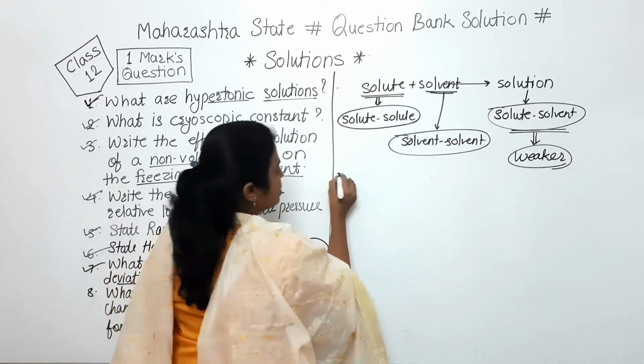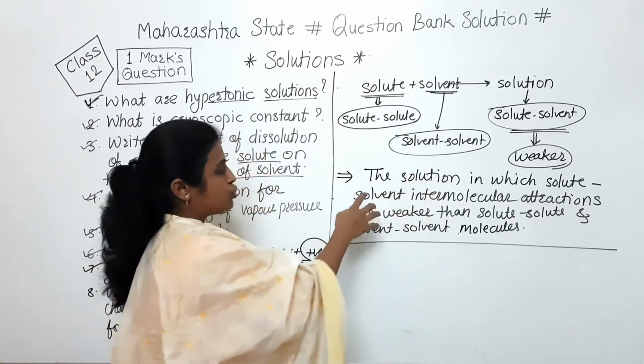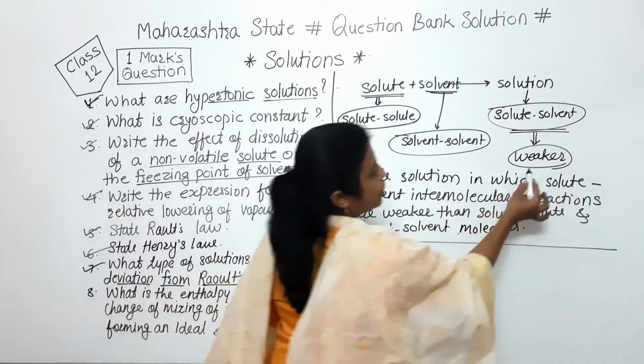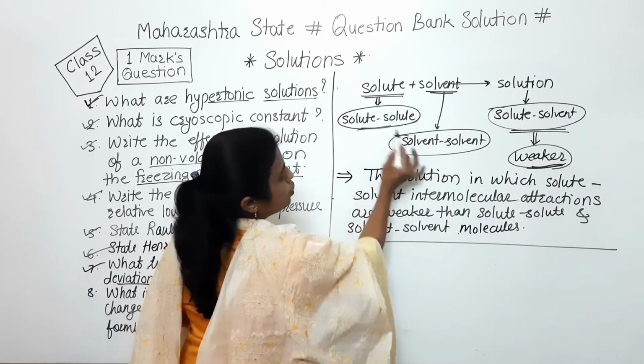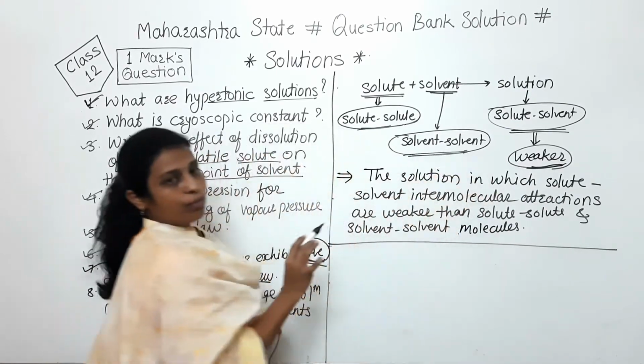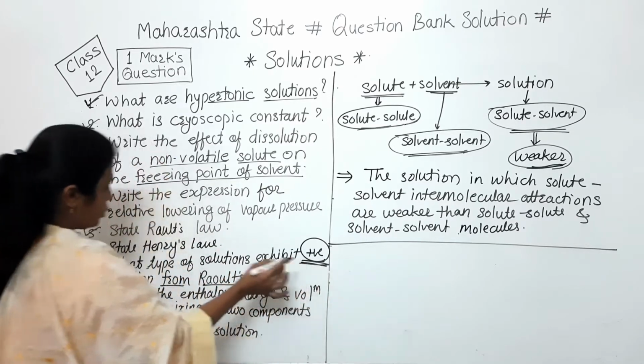So how to write it in a statement? This is the statement: a solution in which solute-solvent intermolecular attractions are weaker than the solute-solute and solvent-solvent attractions, and these solutions only show positive deviation.